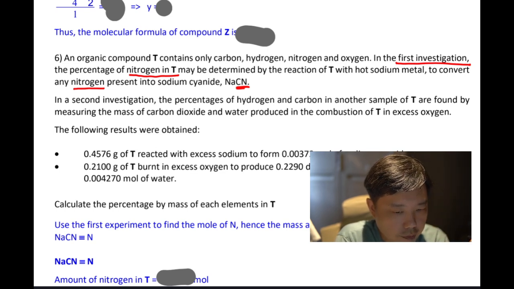So the first investigation is to convert N, the nitrogen, into CN, cyanide.